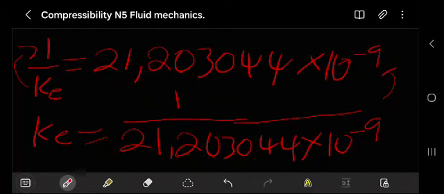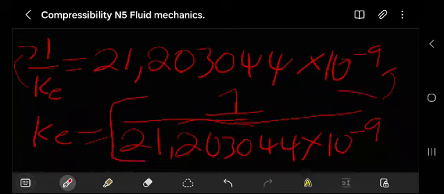Divide this by that 1 on the top. If I punch this on the calculator, 1 divided by 21,203,044 times 10 to the minus 10, then you get KE.